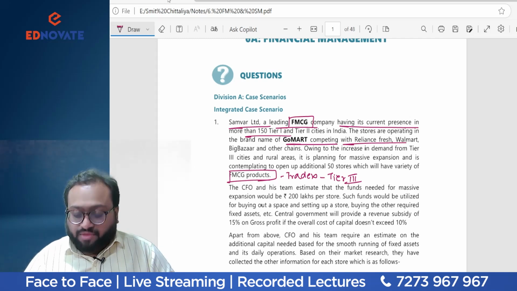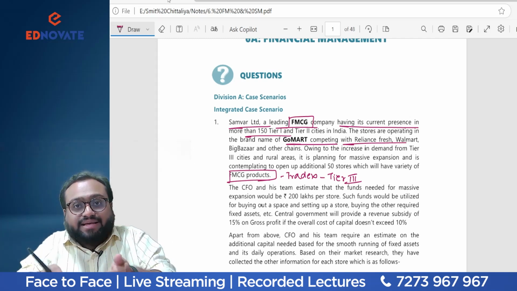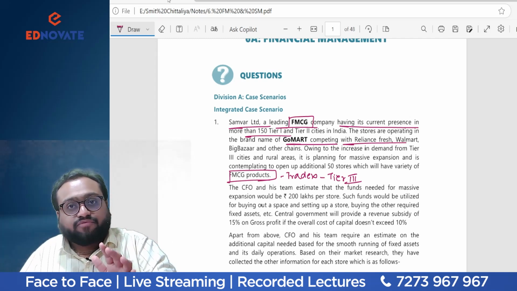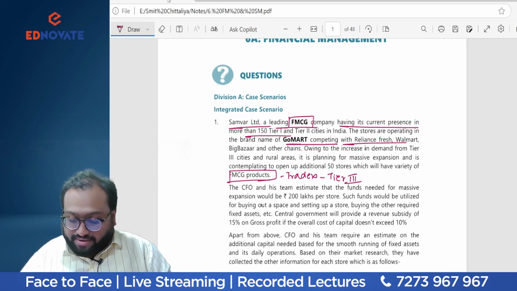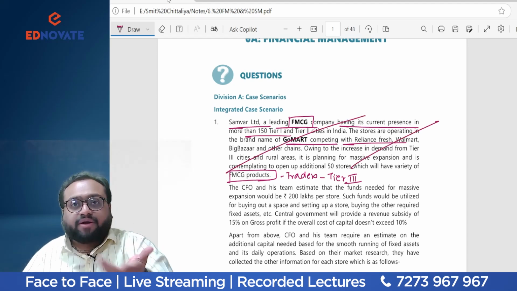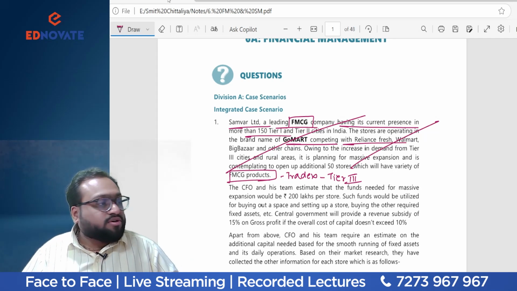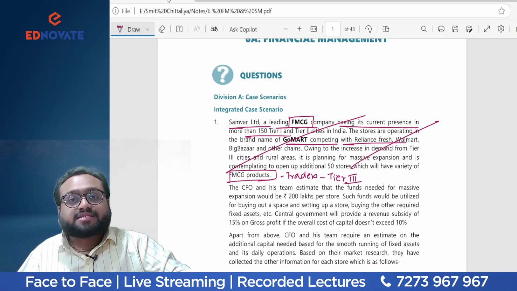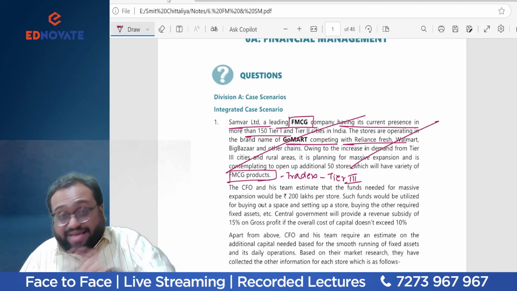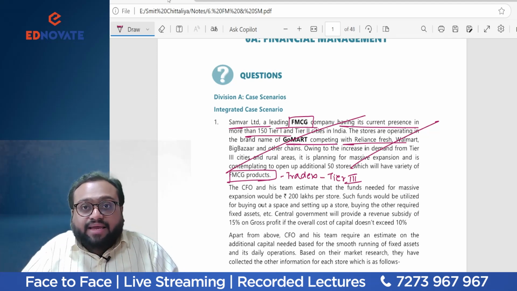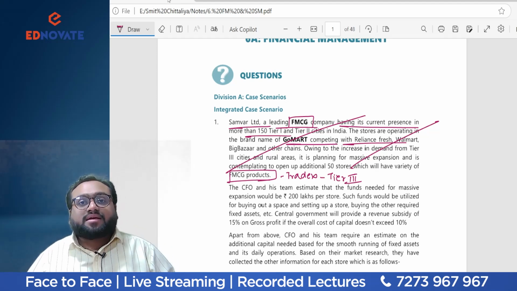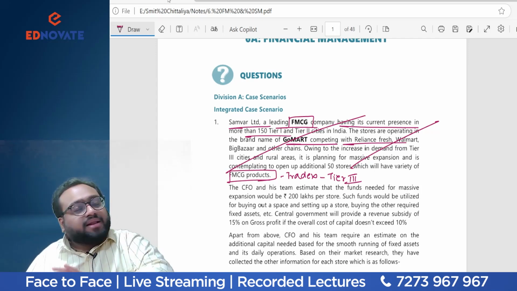We don't care. So after reading this, the crux of the question is done: we are a trader and we want to open in Tier 3 and the rural areas. After that, I don't think anything in this paragraph is important for us. If the data is not important, kindly skip it, so that we don't look at it again. If we see this data again while solving the sum, we might get confused. So the basic thing: once the information is grabbed, leave it.